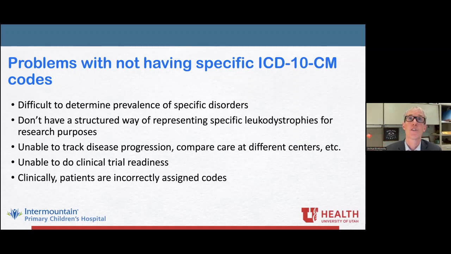It's hard to get ready for clinical trials. So even if there's a clinical trial, if you can't collect the data, you can't understand what your comparison group is going to be. And then sometimes people are assigned the wrong code. So for example, up until this month, I guess, right, there hasn't been a code for vanishing white matter disease. And so patients would sometimes be assigned a code for metachromatic leukodystrophy, even though this was a totally different disease.